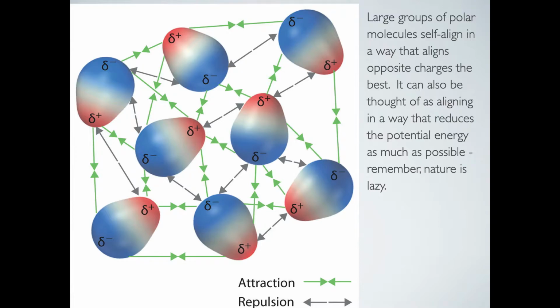So it's the lowest energy possible where the opposite charges are closest and the like charges are furthest away. Okay, remember nature is lazy. So this diagram here, you've got your green arrows are your attraction and your grey arrows are repulsion. And you get this kind of order to the molecules. They all line up like little magnets.